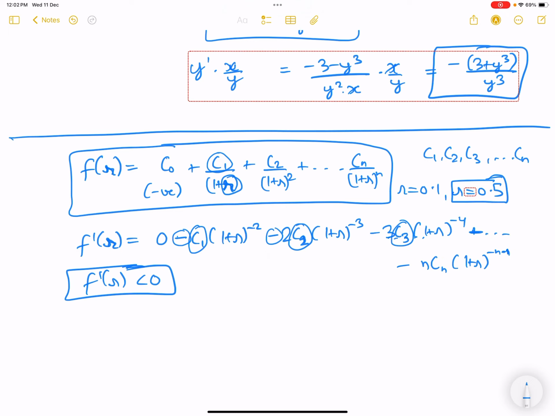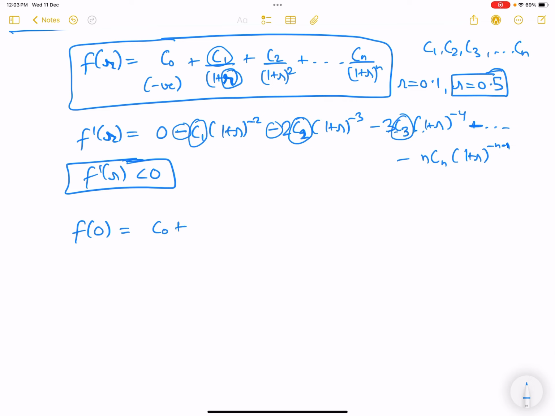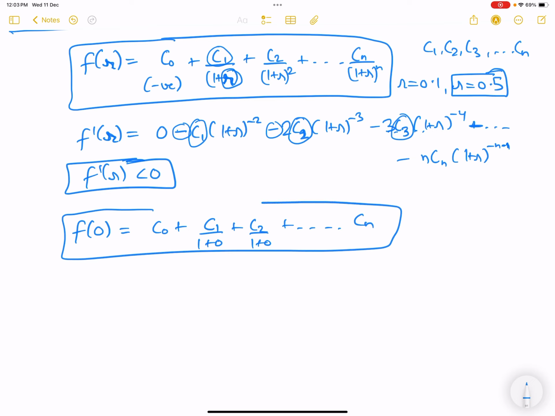Okay, now when we take f of 0, when r is 0, our stream would become c0 plus c1 upon 1 plus 0 plus c2 upon 1 plus 0 plus till cn. So this is 1 only, this is 1 only.